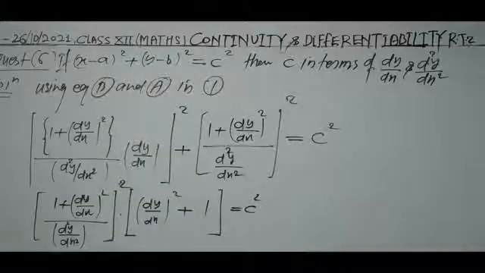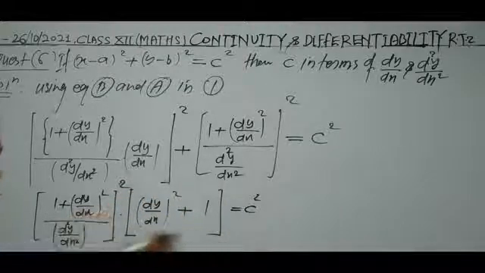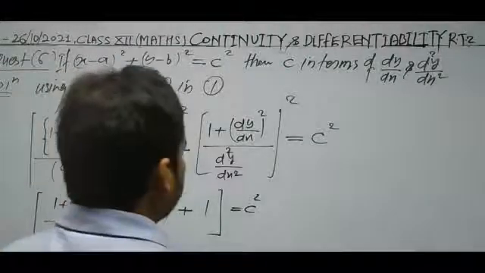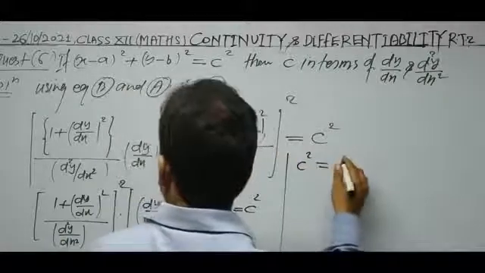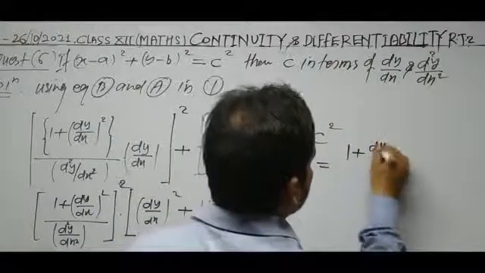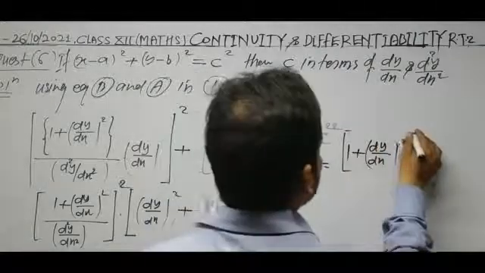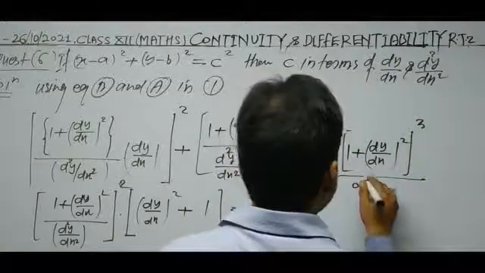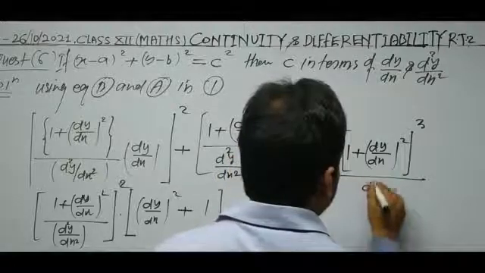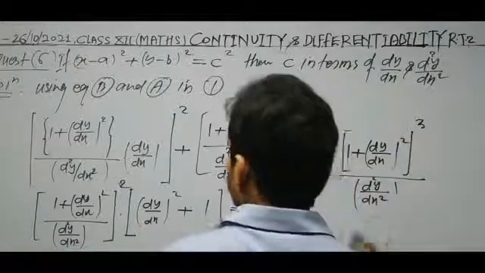Now c square again we can write, this will be power 3. This whole term is like term, so this will be power 3 whole upon, c square result we can write: 1 plus (dy by dx) whole square power 3 whole upon (d2y whole upon dx2) whole square.